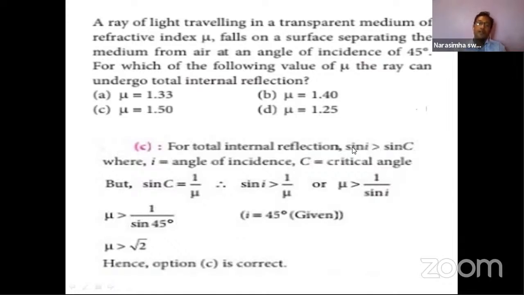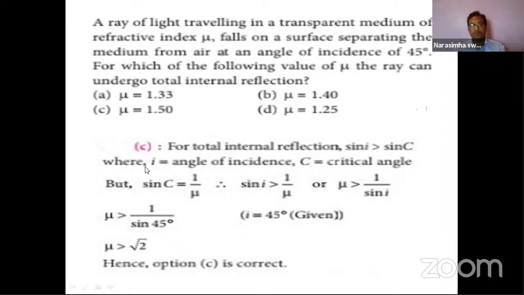Where i is the angle of incidence and C is the critical angle, we know the formula sin C is equal to 1 by mu.